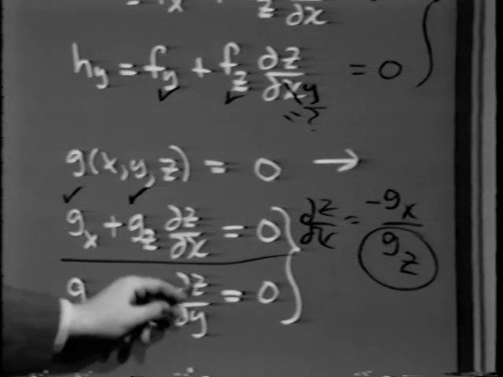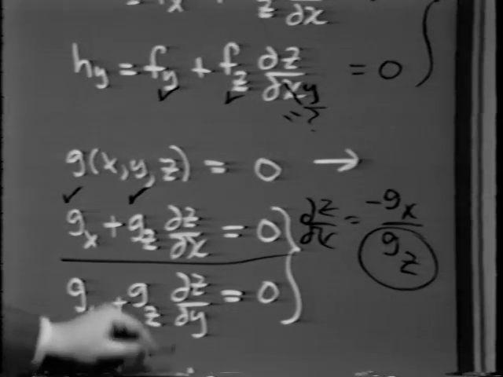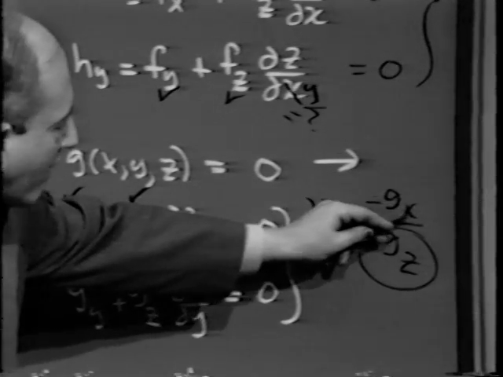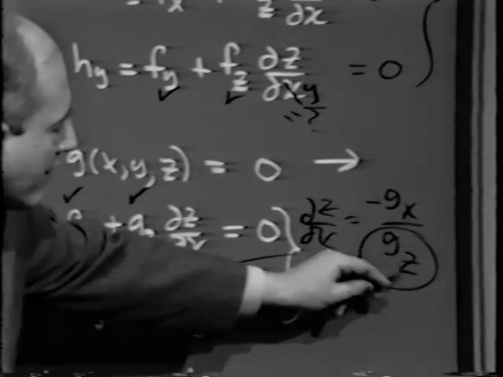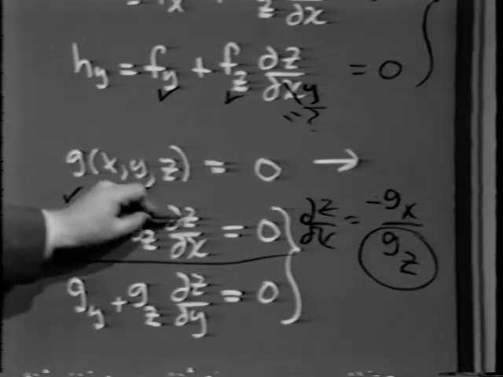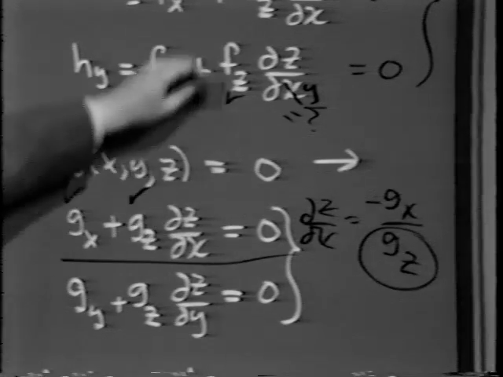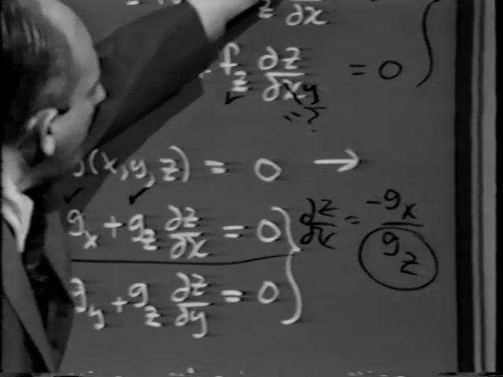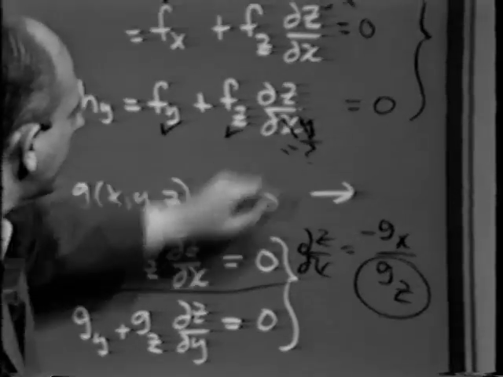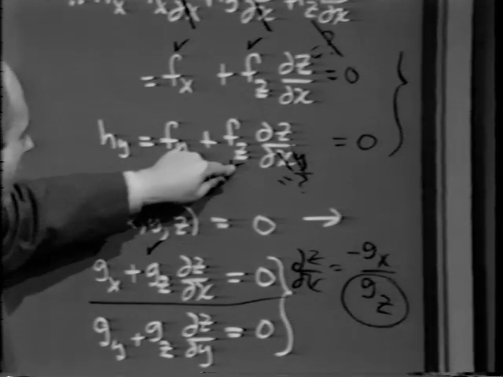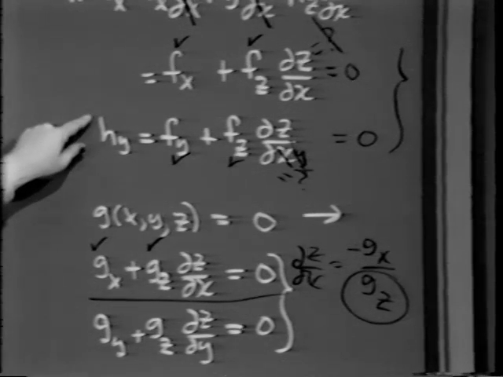Similarly, we can find what the partial of z with respect to y is. That's going to turn out to be minus the partial of g with respect to y divided by the partial of g with respect to z. Knowing what these two values are from these two equations, we come back into here, and now we know what these are. And now we simply have all known functions on the right-hand side, and we solve this system.